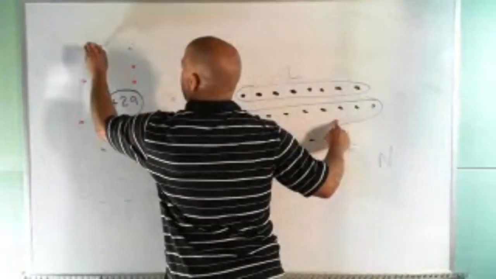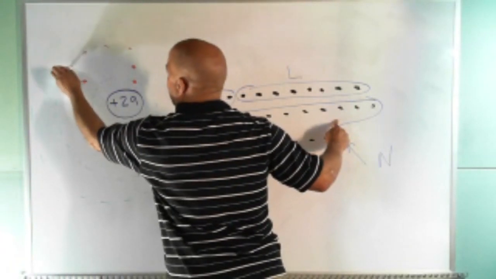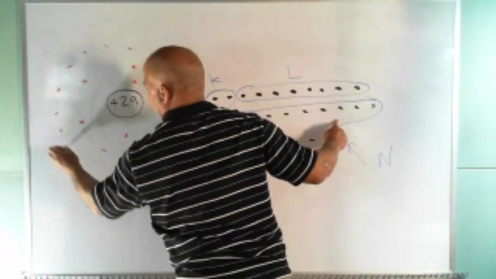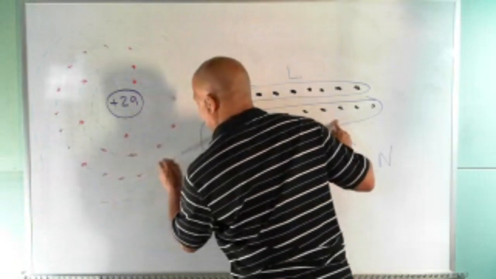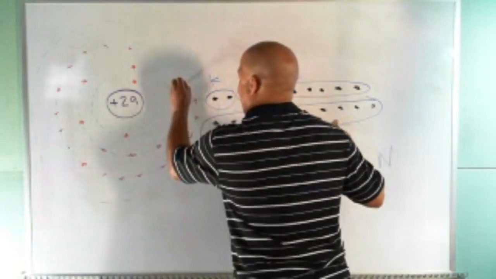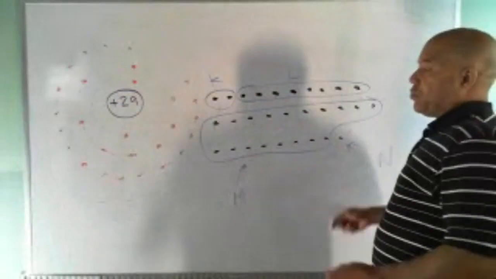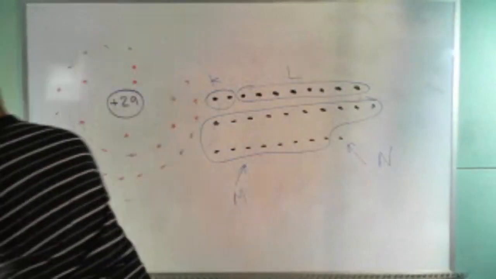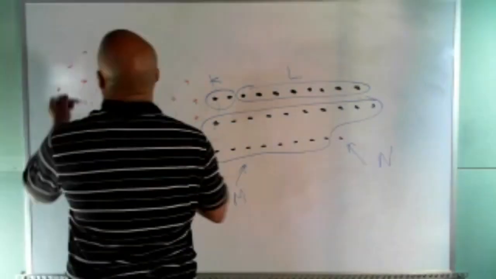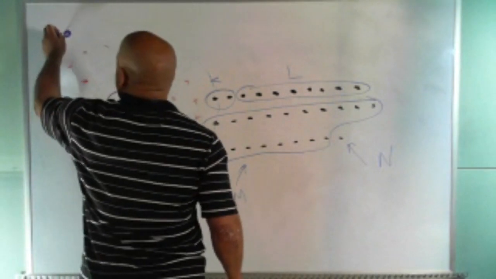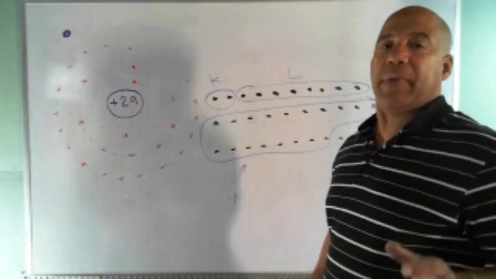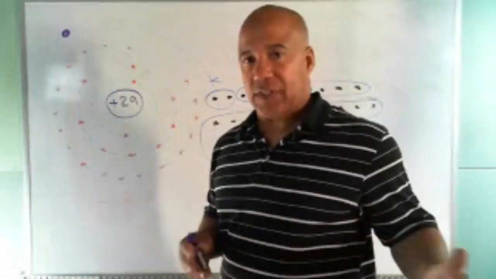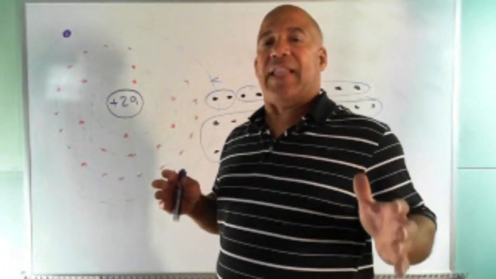So I got 1, 2, 3, 4, 5, 6, 7, 8, 9. 1, 2, 3, 4, 5, 6, 7, 8. And then this one right here is way over here. I'm going to put it right here. There's that bad electron.